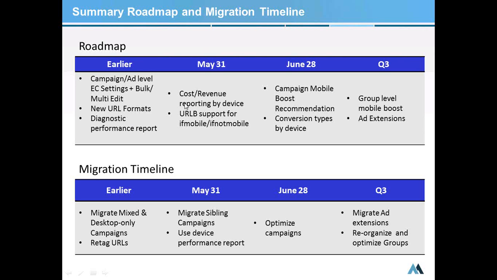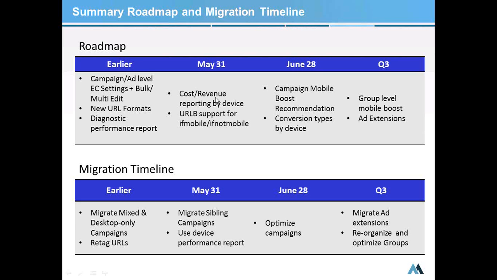In tomorrow's release, May 31st, we are rolling out cost and revenue reporting by device at the campaign level, and URL builder support for if mobile, if not mobile, which would allow you to easily retag your URL by if mobile, if not mobile. In our next release, we have campaign mobile boost recommendations, so automatic recommendations from our bidding algorithm, and conversion types by device.